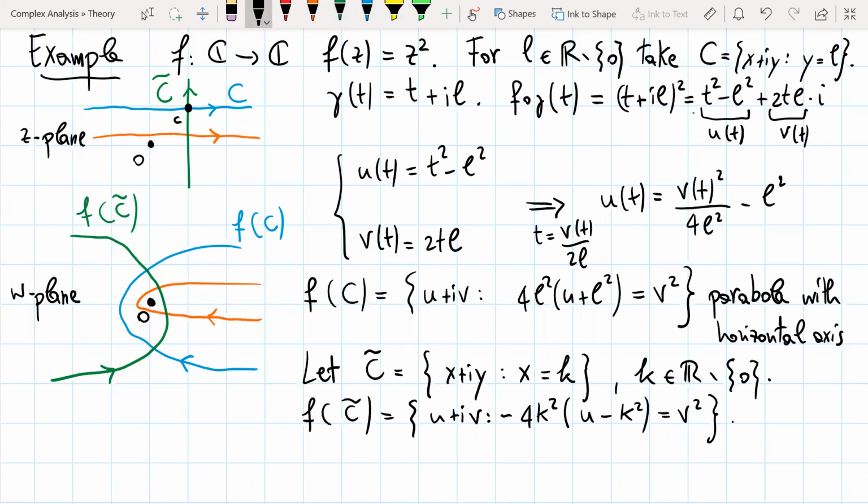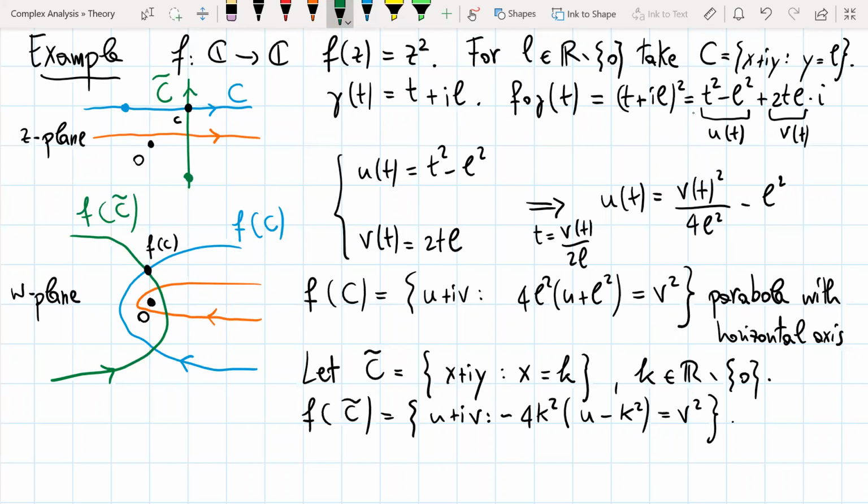So the point C actually corresponds to the point here above. This is f of C. And the other point corresponds to the fact that the function f is not injective. So here you can find two points which are opposite to each other.